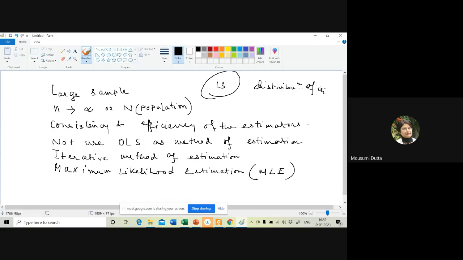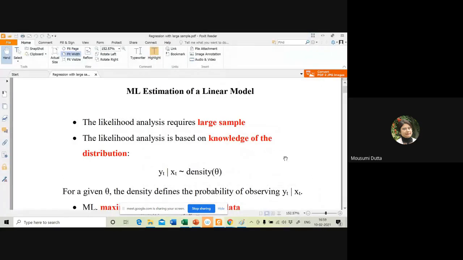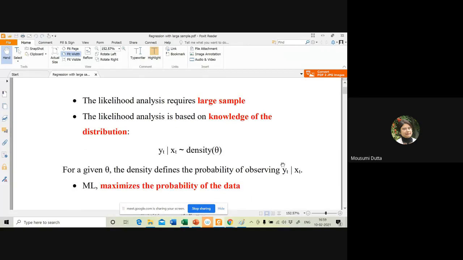How we can derive the estimated value of sigma square, because that is also very important. Along with the estimation of the parameters of the model, we also need to consider the estimation of the variance of the error term, because under most circumstances, the variance of the error is unknown.